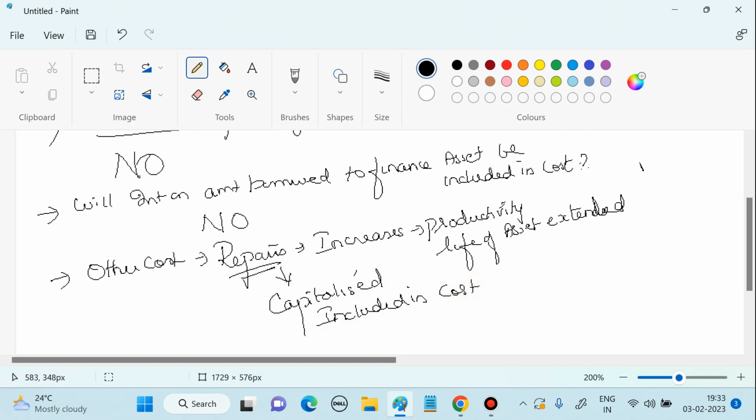By adding one component to the existing machinery, if you are able to produce 10,000 units more, or your useful life of the asset gets extended by 2 more years, then whatever you incur as repair expense on the component getting it fixed has to be added to the cost of the asset. Got it? Clear, everybody? One more thing, if by doing that tweaking in the machinery it improves the quality of the product also, you would have to add it to the cost of that asset.